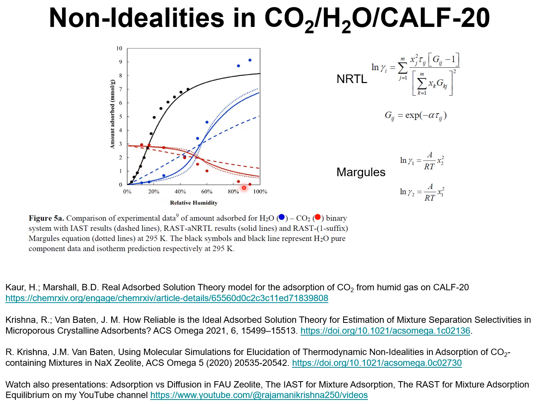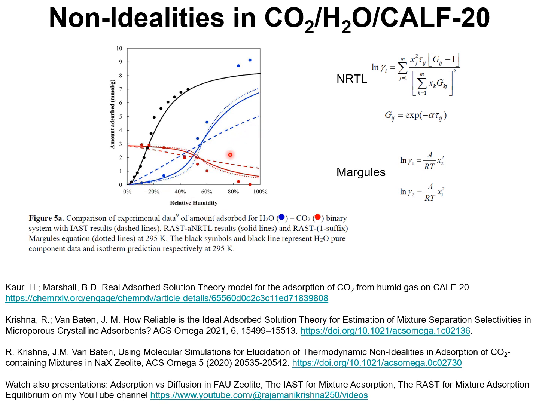The red circles are the loadings of CO2, and the blue circles are the loadings of water in the mixture. The black circles are the component loadings of pure water as a function of percentage relative humidity.